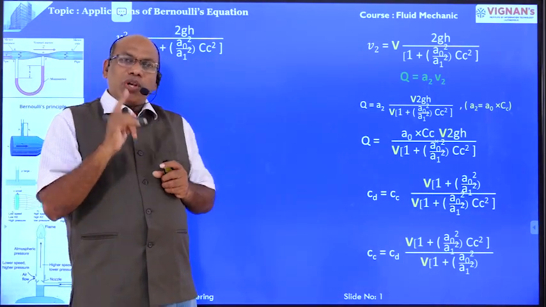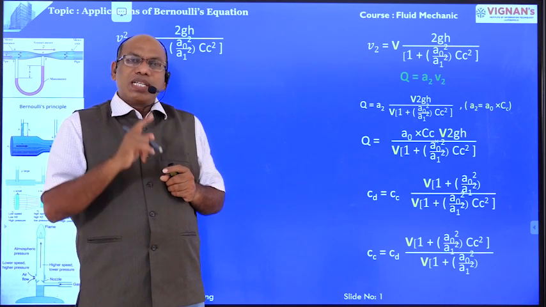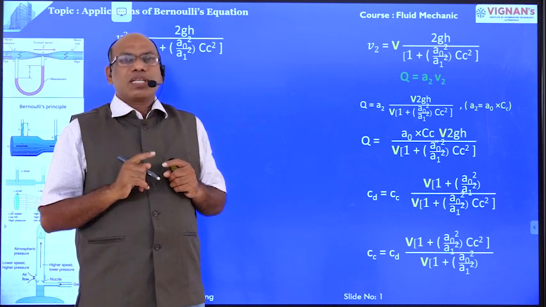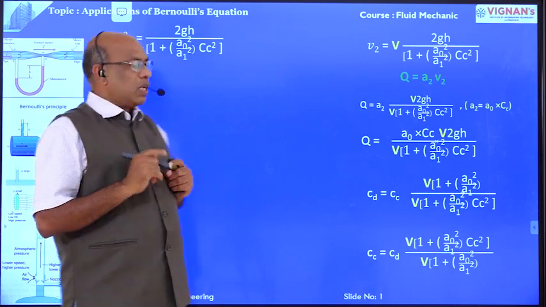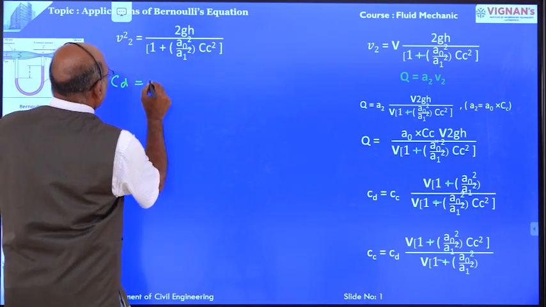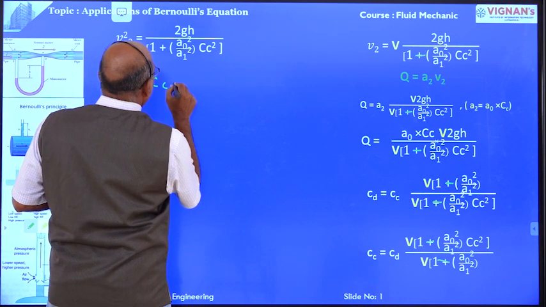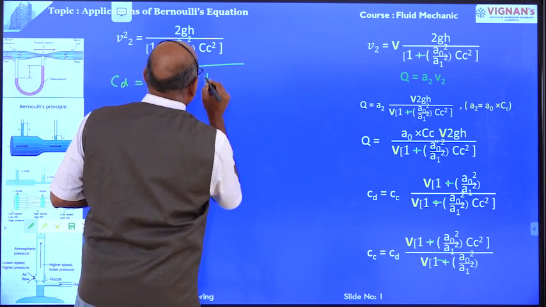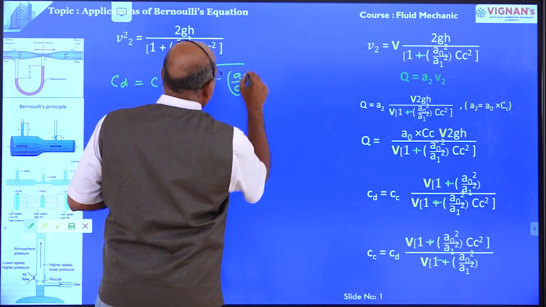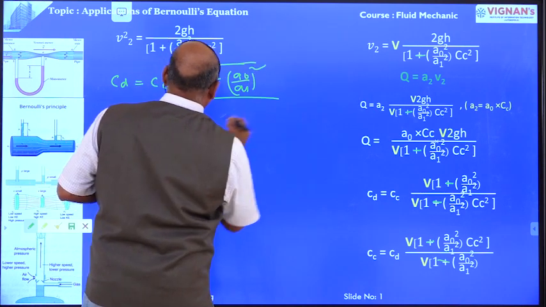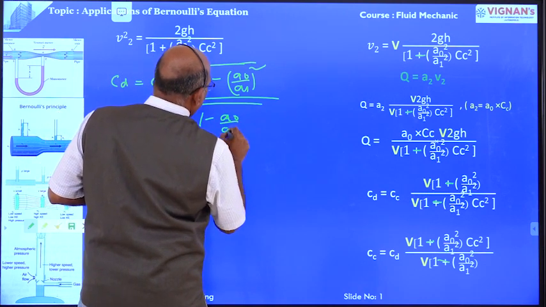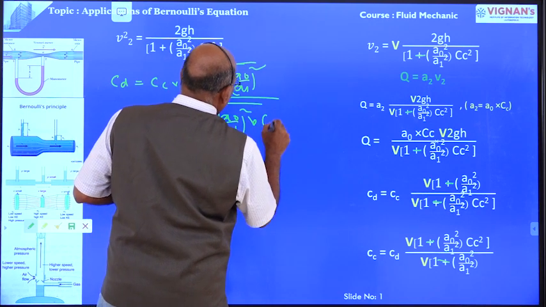I have given one more relation, between the coefficient of discharge and the coefficient of contraction, where we discussed hydraulic constants. The relation is: coefficient of discharge is equal to coefficient of contraction into root of 1 minus (A0 divided by A1) square, divided by square root of 1 minus (A0 divided by A1) square into CC square.